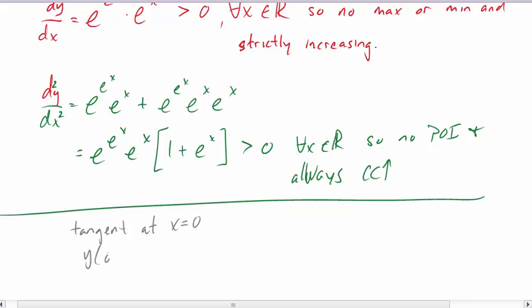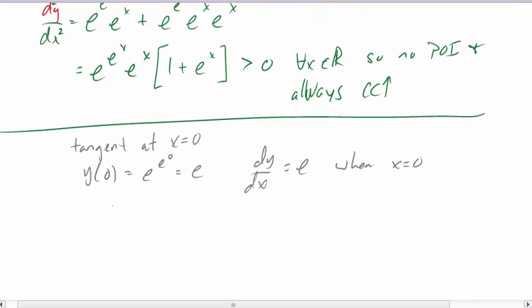Well, y evaluated at 0 is e to the 0, which would be 1. dy/dx is equal to 1 when x equals 0. So our equation, going through the point (0, 1), is just y equals x plus 1.